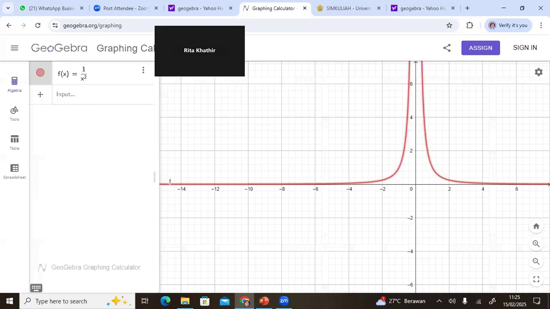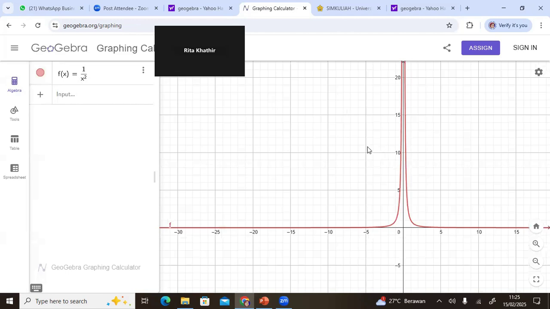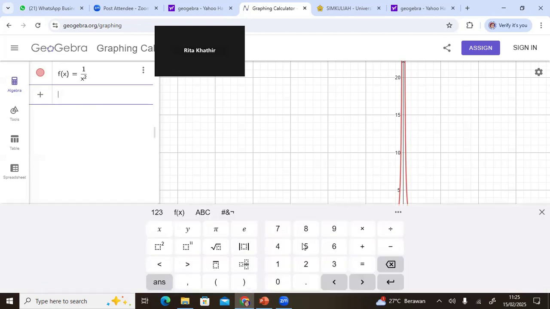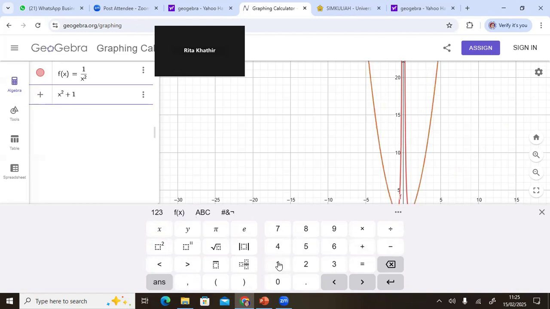Here you can see the illustration of the function 1 over x squared. You can modify it and put in another function, for example, x squared plus 1. You can make any expression.